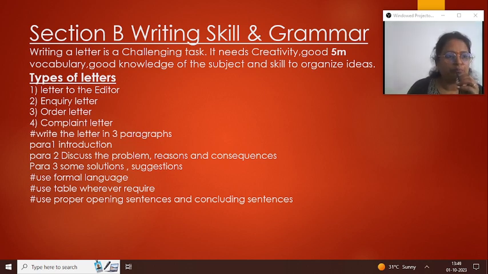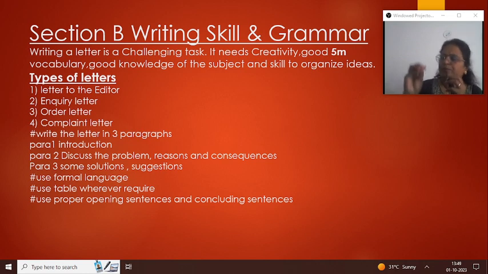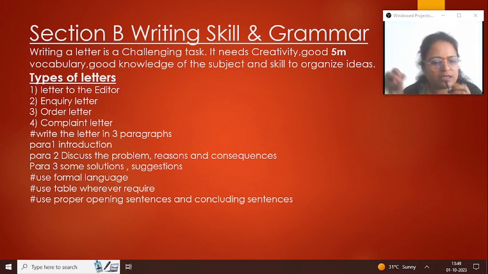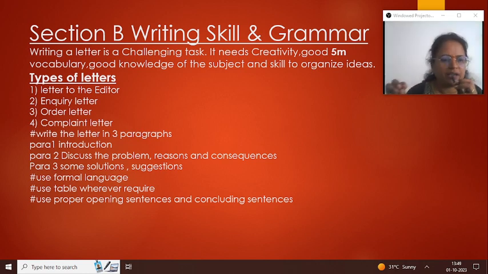I have told you, you should be able to make your own format. If an inquiry letter comes, I'll write in this way: I am a regular customer of your shop, and this is my order inquiry or statement.